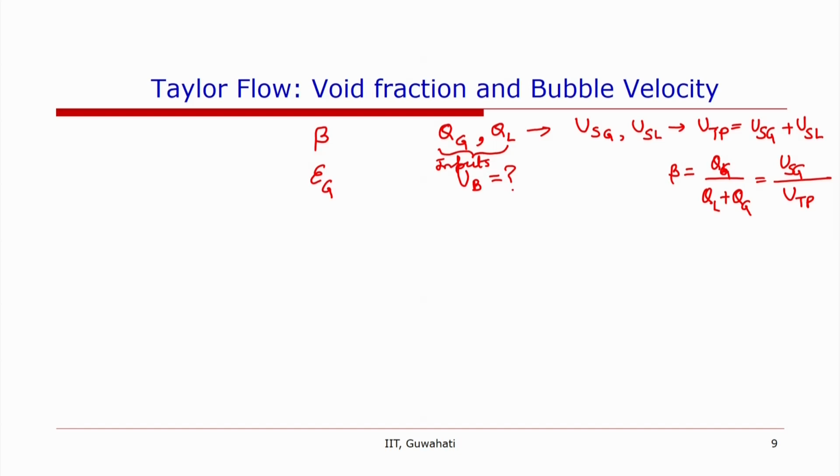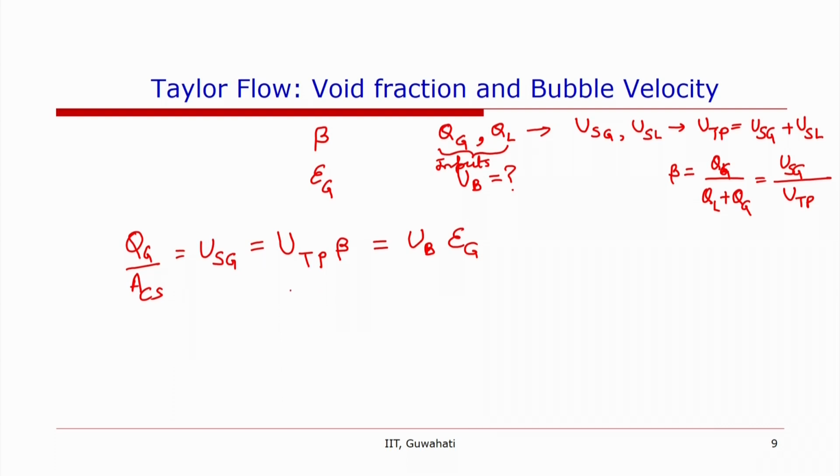Now we can have a relationship from the mass conservation of gas, that UTP into beta, which is also equal to u superficial velocity of gas, or Qg over channel cross sectional area, that is equal to UB into epsilon g.